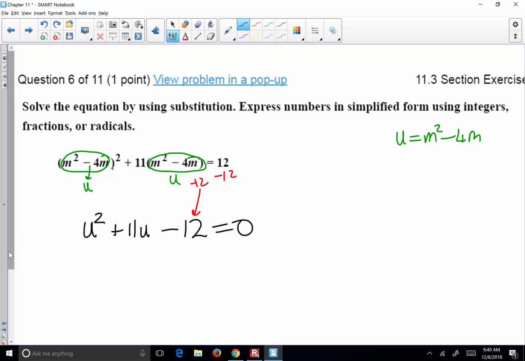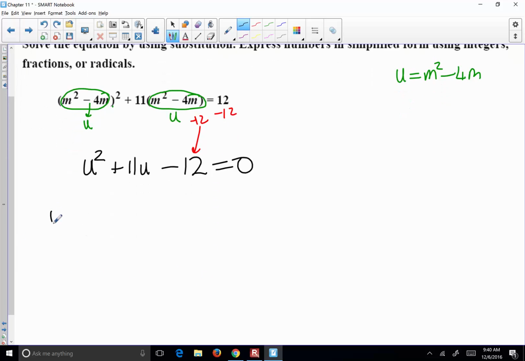Alright, let's do the formula. U will be minus b, minus 11, plus minus. Look, I don't even need to write the formula. I memorized it. Maybe you did at this moment as well. B squared minus 4ac. You should be able to do this fast at this moment.